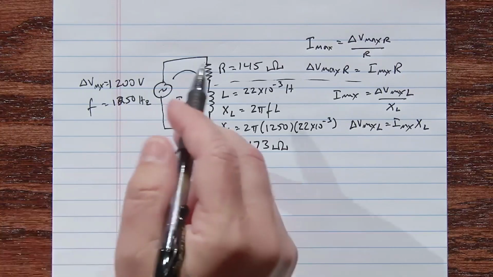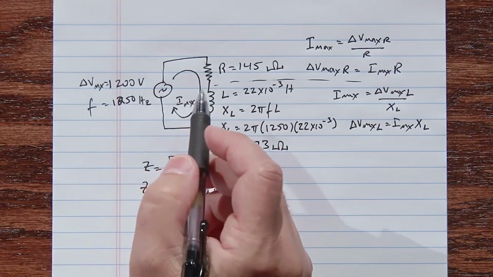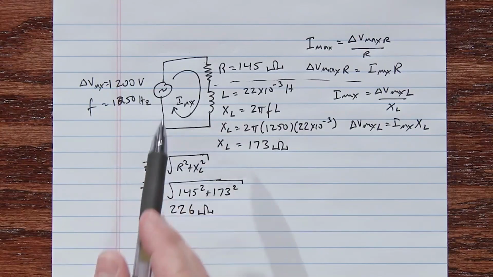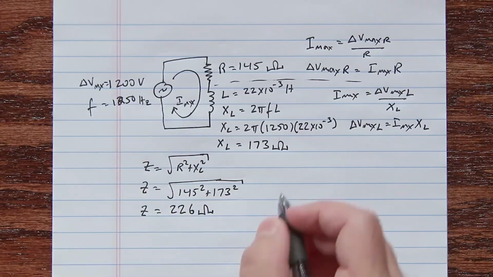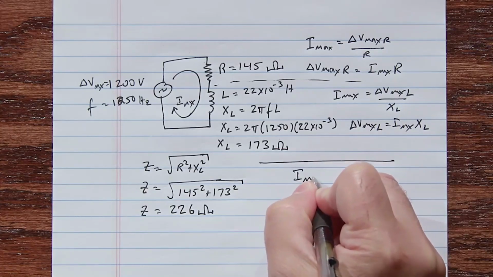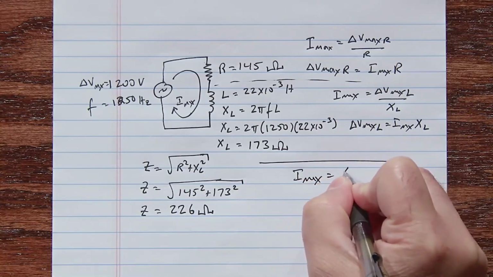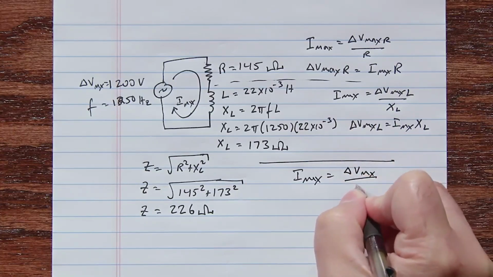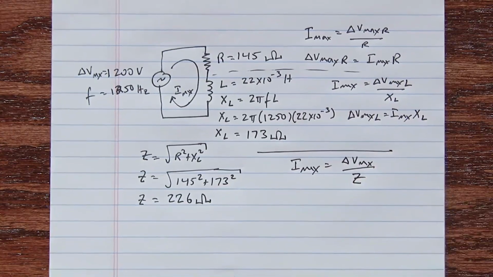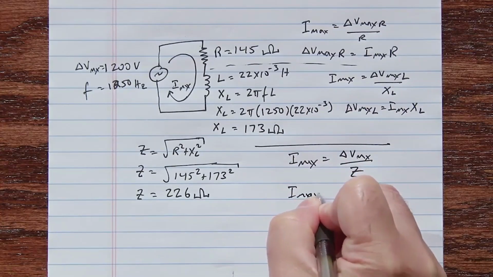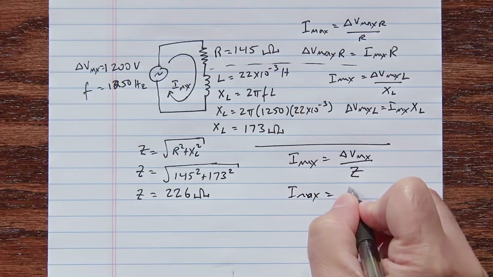We can calculate I max for the circuit from the voltage of the voltage source and the impedance using I max is equal to delta V max of the source divided by the impedance.